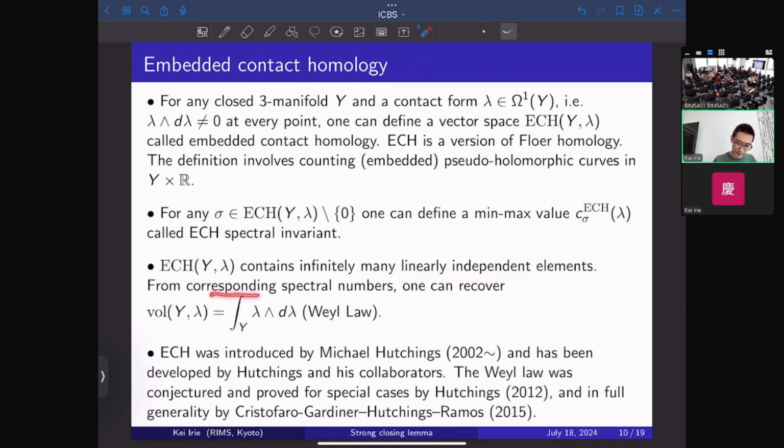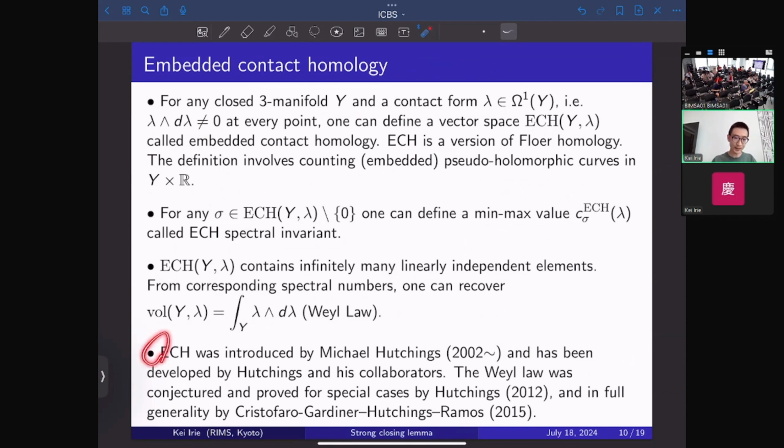From the corresponding infinitely many spectral numbers, one can recover the volume of the contact manifold. That is the Weyl law for ECH spectral invariants. It also satisfies spectrality and continuity, although we omit the exact formulation in this talk.